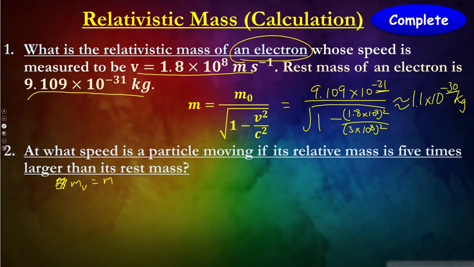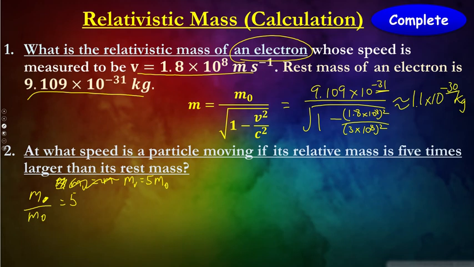Our way of writing that, if we want to do so, is we can say that in comparison, our moving mass is 5 times bigger than our rest mass. So that's what we have.